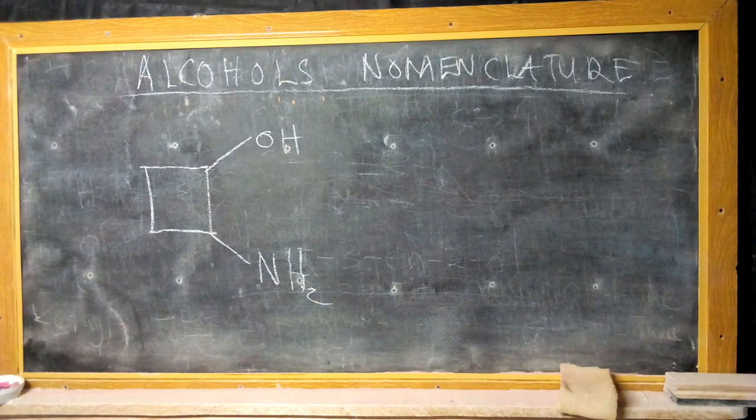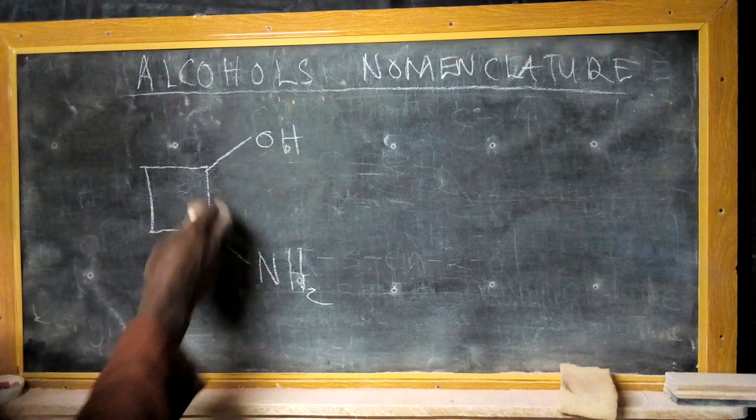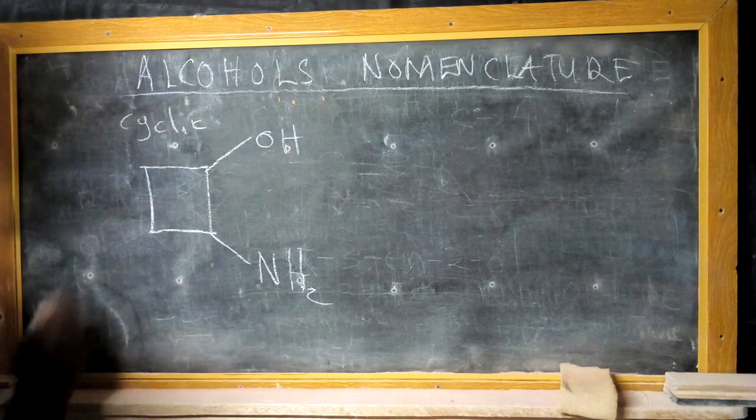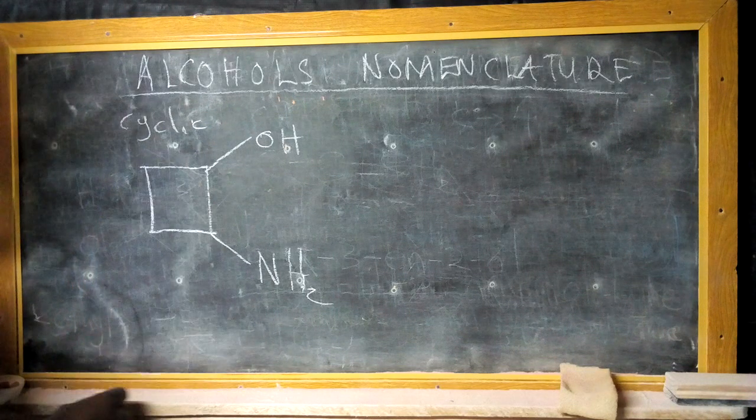So in naming that alcohol, we have a cyclic ring, of course, which is going to give us a parent name for that particular alcohol.